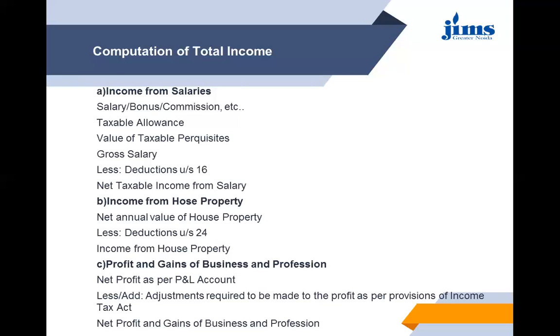In the third head, we have profits and gains of business and profession. The net profit as per the profit and loss account is calculated. Then we make the adjustments required to be made to the profit as per the provisions of the Income Tax Act, and then we get the profits and gains of business and profession.